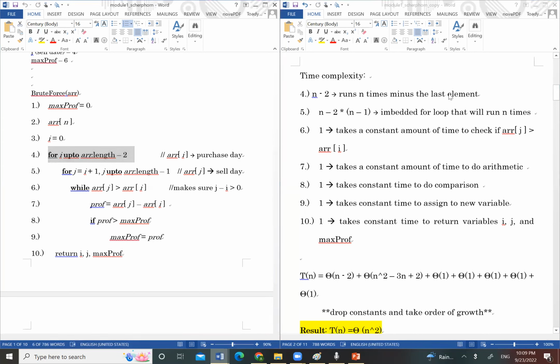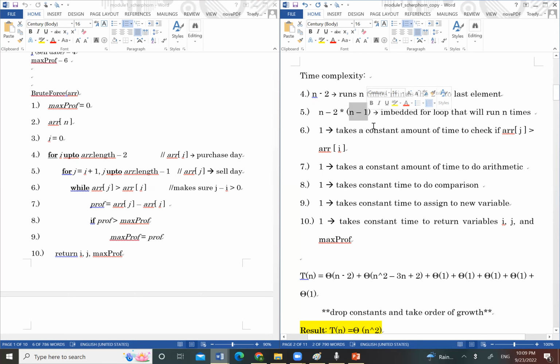n times, last, change this to last element. So it goes from the second to last element. And then line 5 is the embedded for loop. The embedded for loop here goes to the length of n, which is the array length, minus 1.